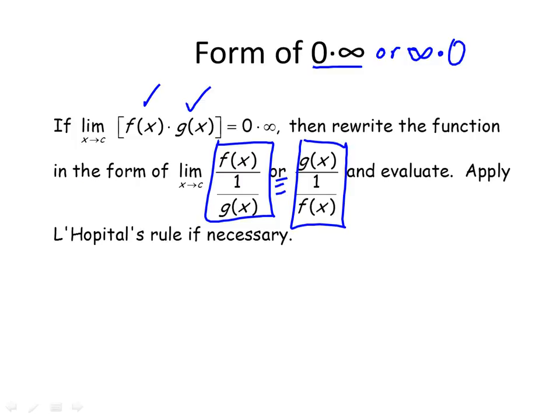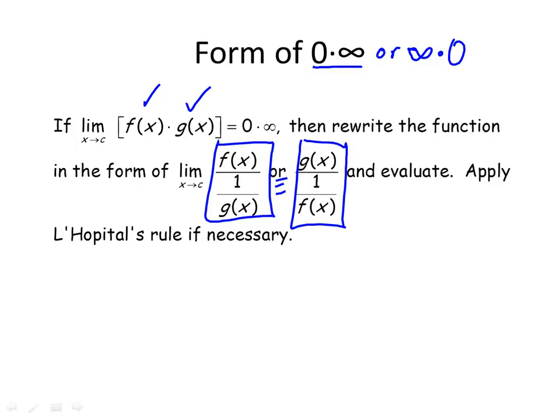You're going to put this function, your first factor, on top, and then you're going to do 1 over your second factor on bottom. Now this is a quotient. And then look, it says apply L'Hopital's rule. Do you want to do the quotient rule? If at all possible, we do not want to do the quotient rule. Okay? So, my hint to you is this.